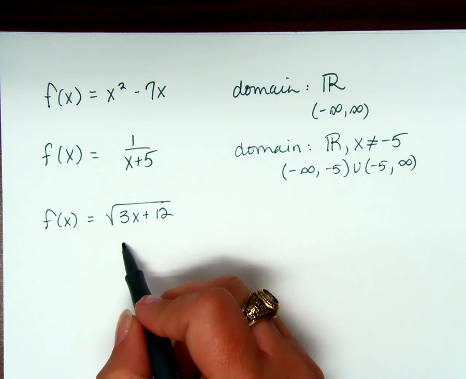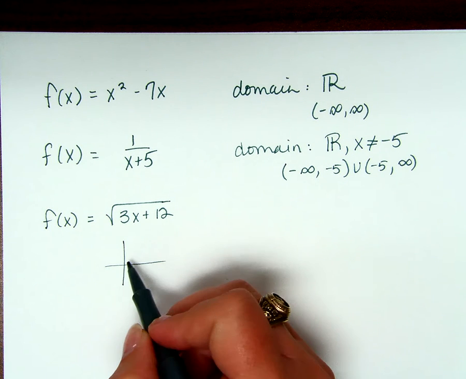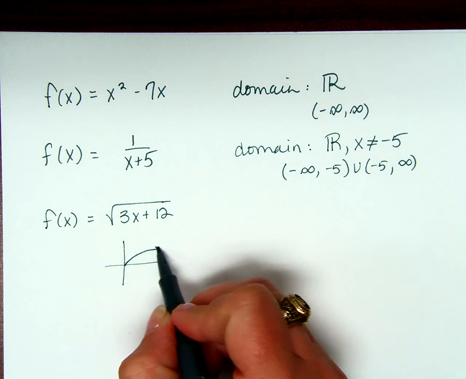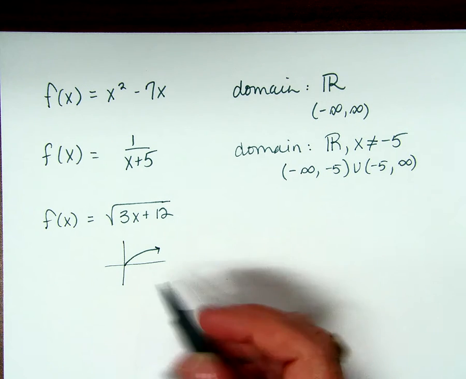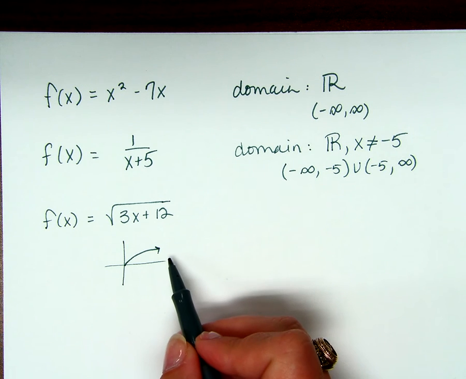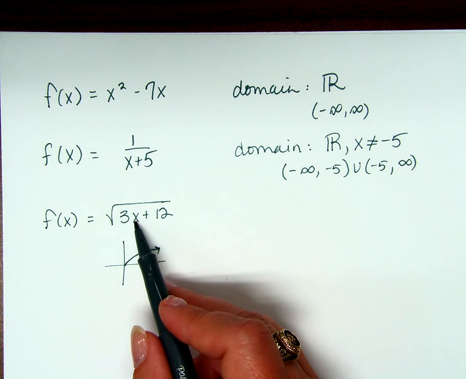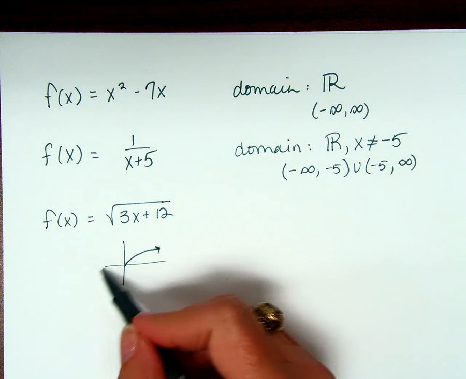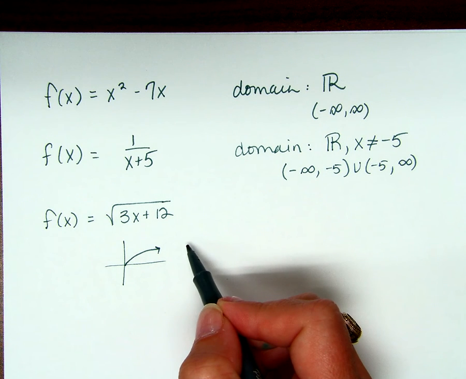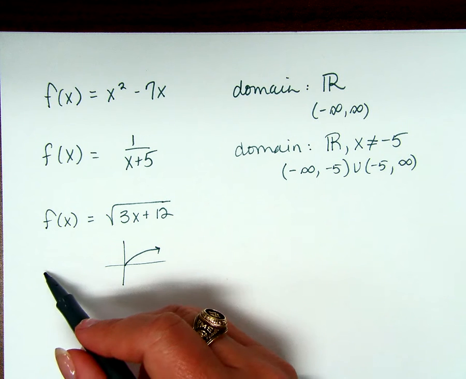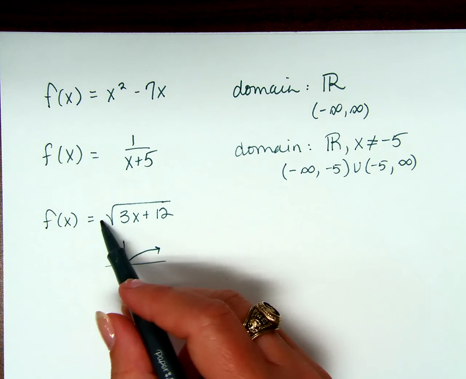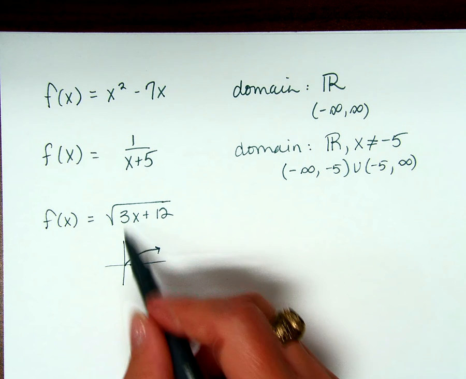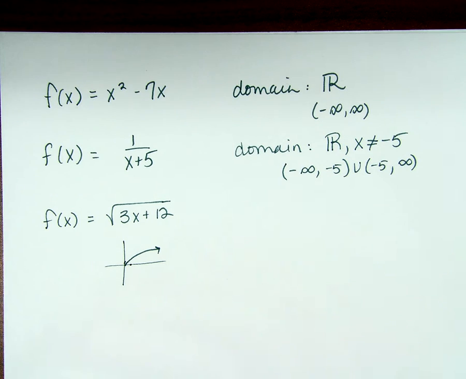This is a square root function, so the parent function looks like that. The domain of the parent function is everything greater than or equal to 0. So think about what's happening around the negative 4. It's not going to go all the way to the left because there's a beginning point. We know this is a positive function, so it is starting somewhere and going off to the right.